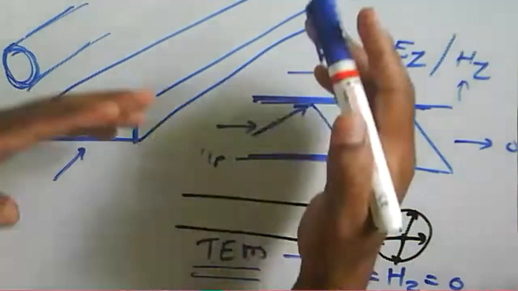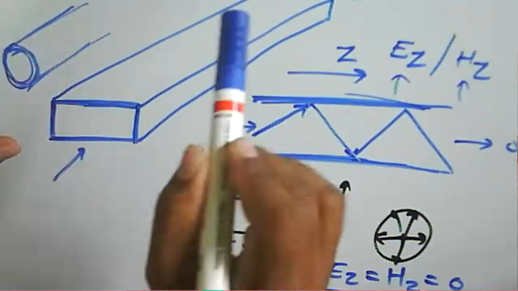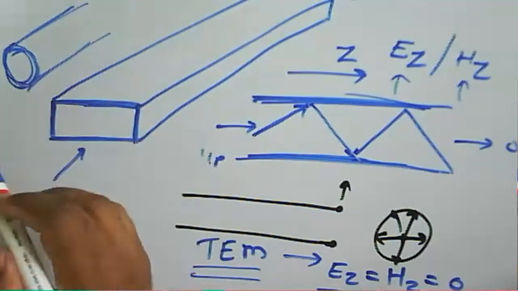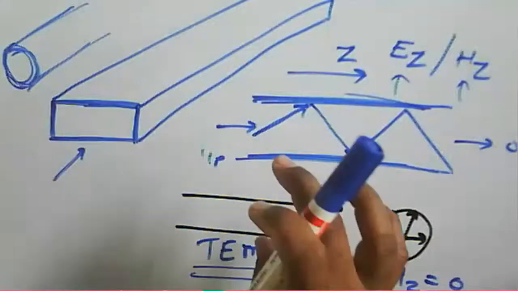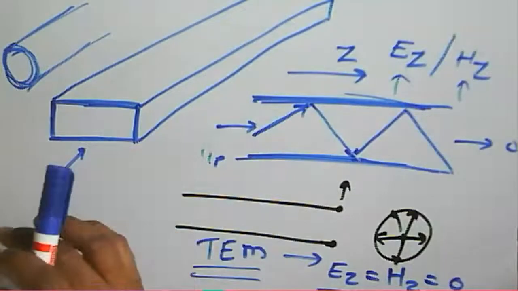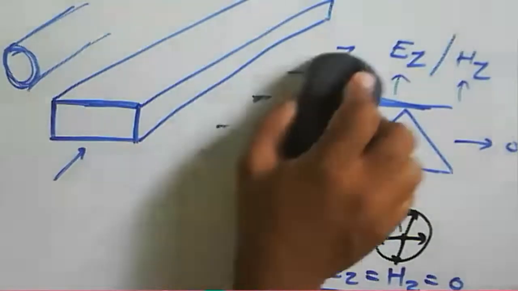Before that, we should know about the reflection: how your signals are reflected from the internal walls of this waveguide. So your signals are reflecting from the walls of this rectangular waveguide.